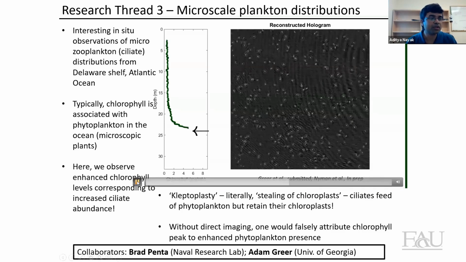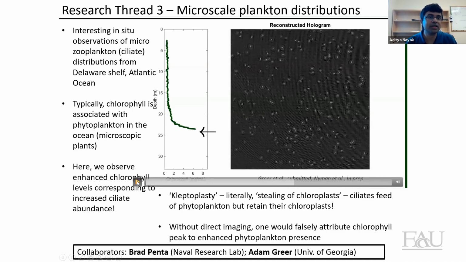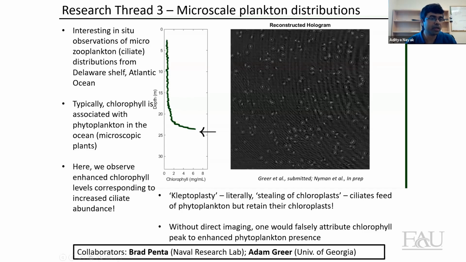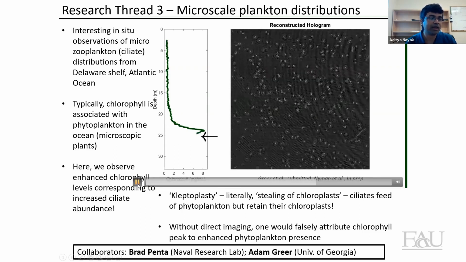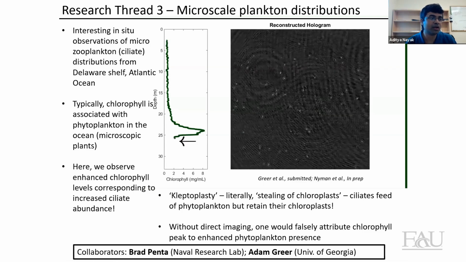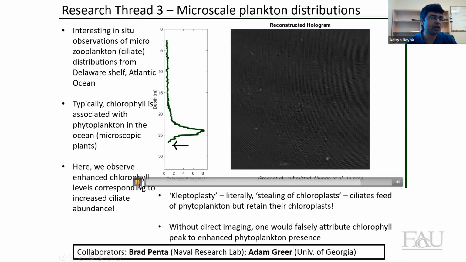So let me start. There you go. This is a ciliate thin layer. You have a bunch of ciliates, but the chlorophyll peak is still increasing dramatically, and it keeps increasing, and then it dies down as the ciliate count goes down. There's a very clear correlation between the ciliates and the chlorophyll.